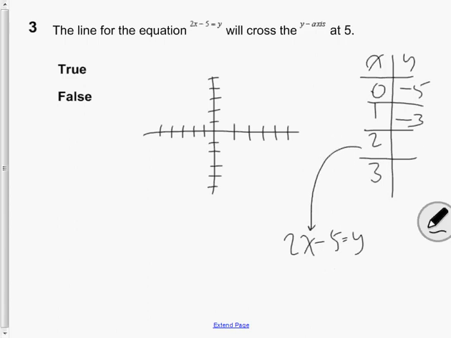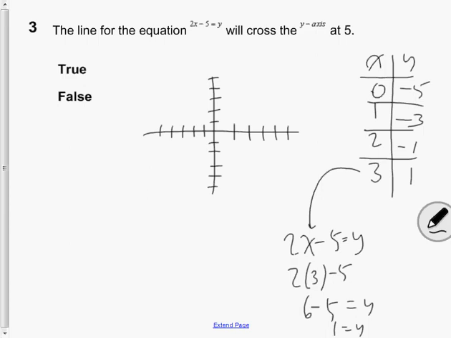When I do 2, I'll have 2 times 2 minus 5 equals y, or 4 minus 5 equals y, or -1 equals y. And finally, when I do 3, 2 times 3 minus 5 is 6 minus 5, which means that y will be 1.